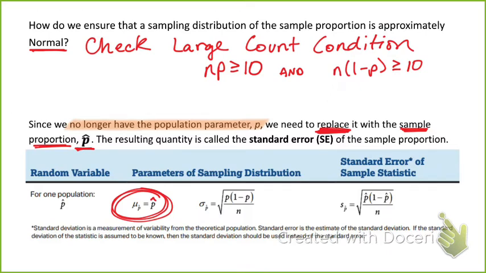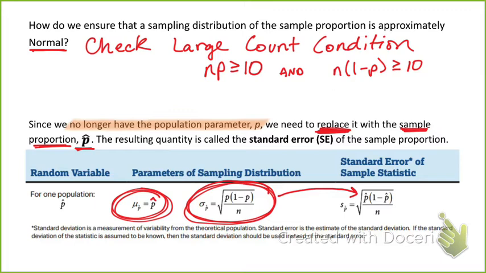So we're also going to take our standard deviation formula and we're going to put hats on the p's. Now notice that we do have a slightly different notation for this. It is S sub p hat. That is the standard deviation of a sample for p hat. All the p's get hats on them. But you guys, it's the same formula.